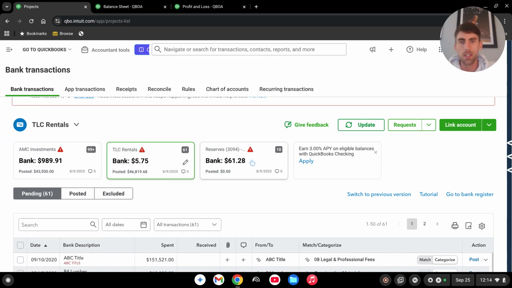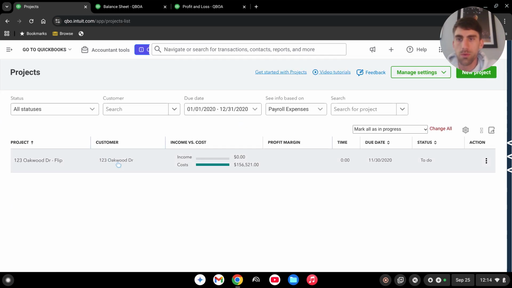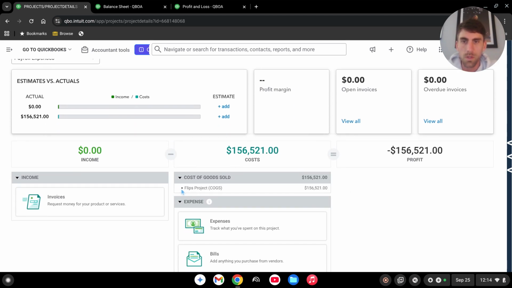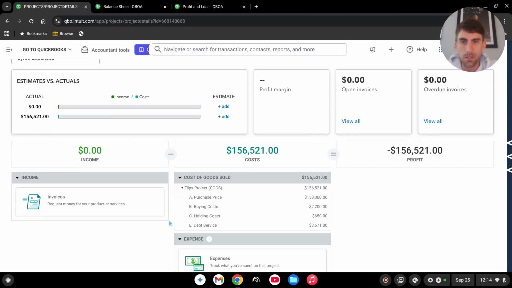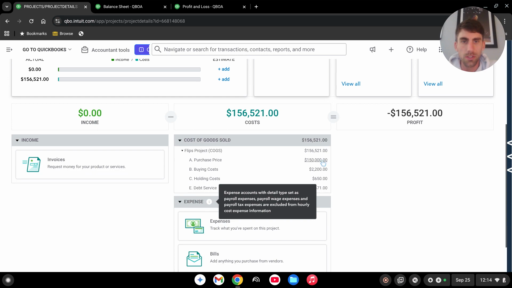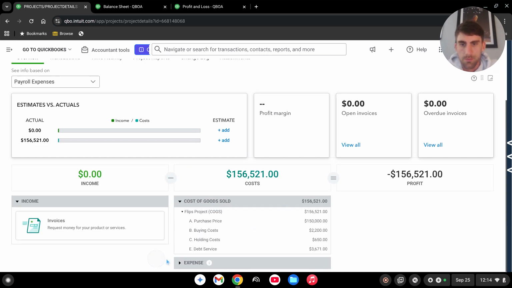We haven't incurred any expenses yet, but since we're putting everything into cost of goods sold, here's where you'll see our expenses so far. Purchase price, the buying costs, the holding costs, and the debt service.